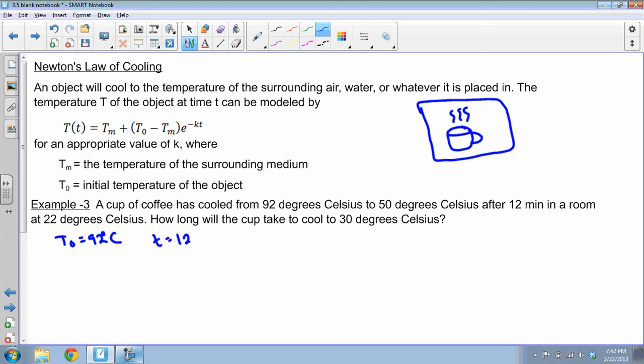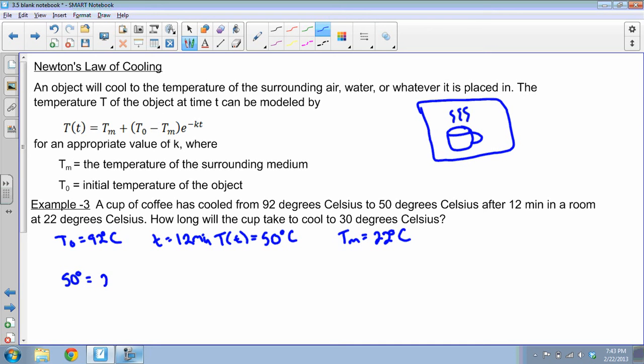So our T right now is going to be 12 minutes, and our big T of T right now is going to be 50, because we've gone from 92 degrees Celsius to 50 degrees Celsius in 12 minutes. They tell us the room is 22 degrees Celsius, so that's T of M. We're going to use this all to find K, and then we'll be able to plug it all back in and figure out how long it's going to take for the cup to cool to 30 degrees Celsius. So T of T is going to be 50 degrees.